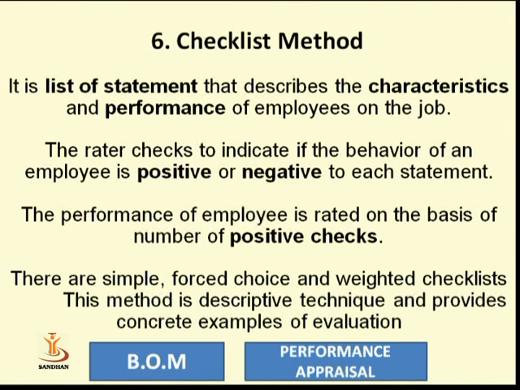The performance of the employee is rated on the basis of the number of positive checks normally. There are simple forced choice and weighted checklists. This method is a descriptive technique and provides concrete examples of evaluation.